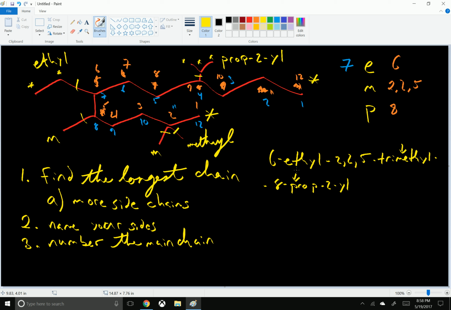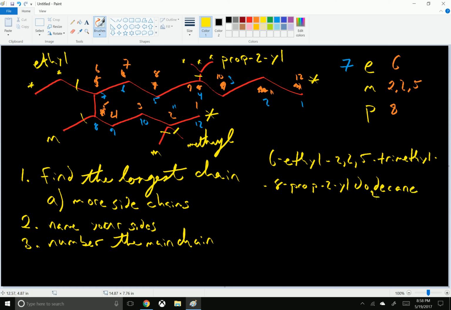And that changes when things go in parentheses and so on. Just remember that the tri goes on the methyl after you name the side chain. That's the important part. Okay. So trimethyl comes before propyl. So 8-propyl, and then this is 12 carbons long, so dodecane.